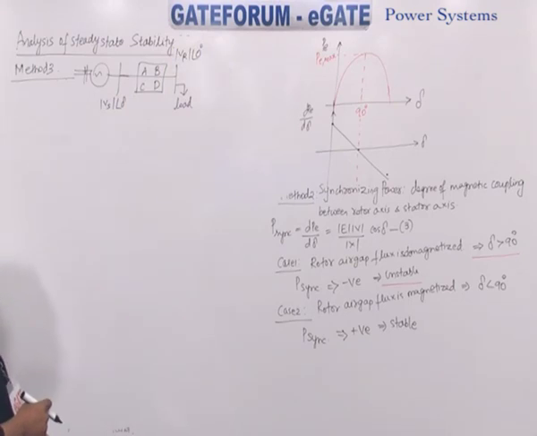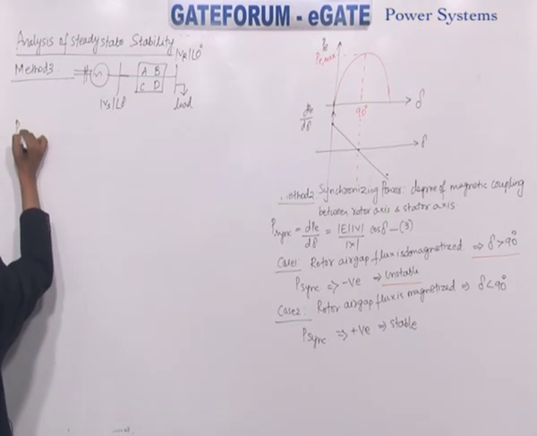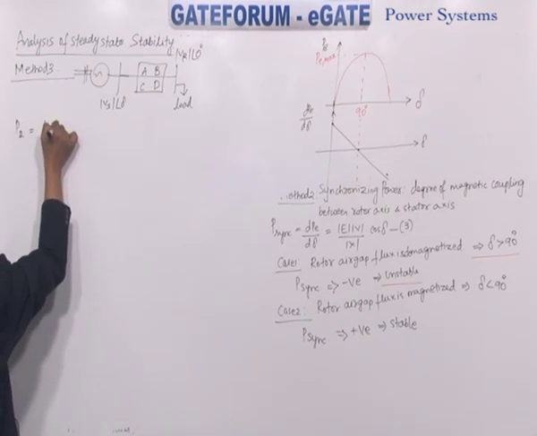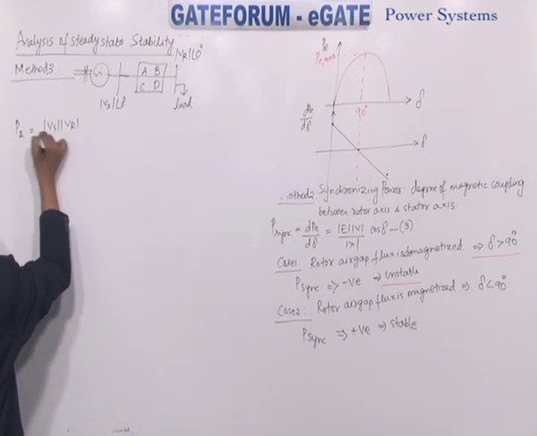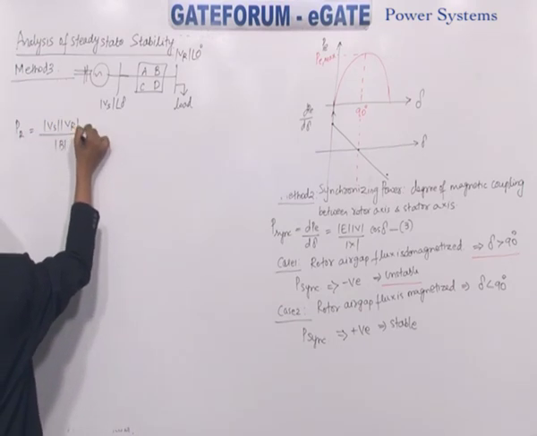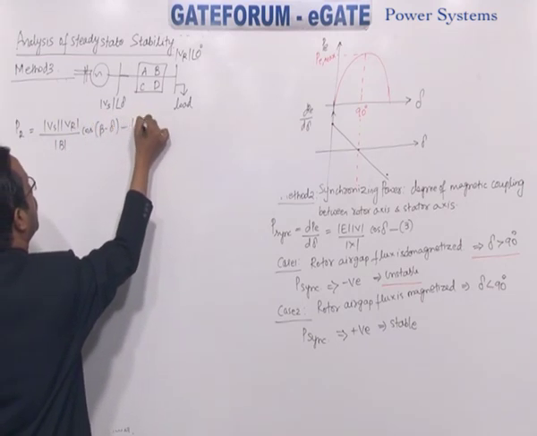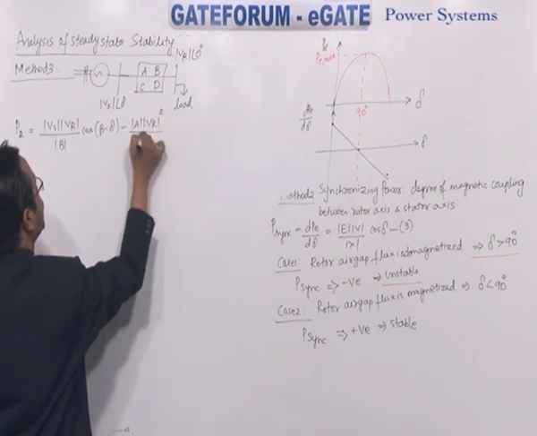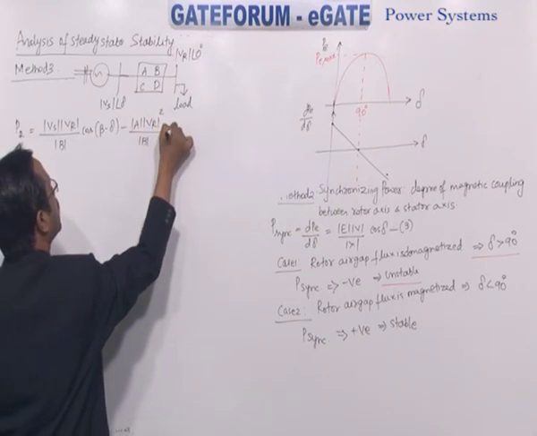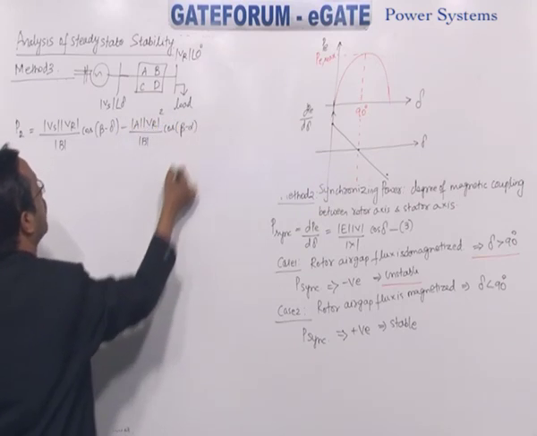Already you have derived the formula for active power transmitted. What is the formula? Vs Vr by B cos (beta minus delta) minus A Vr square by B cos (beta minus alpha).